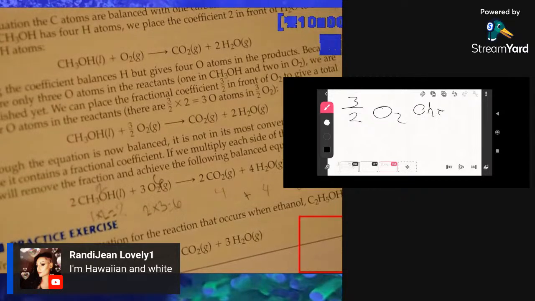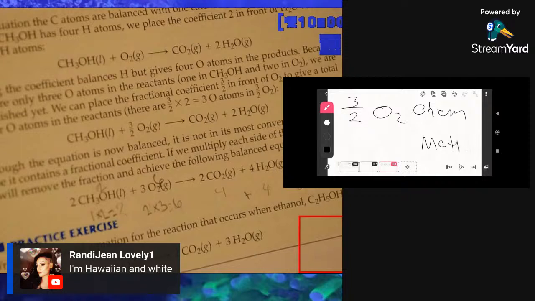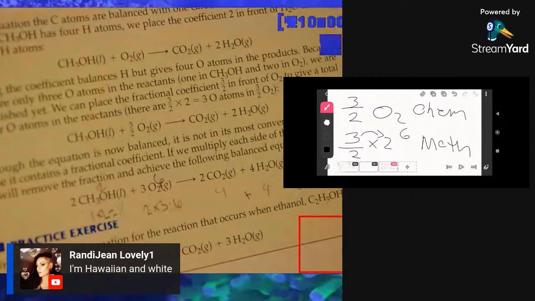This is how you read the problem: 3/2 times 2. Do you see that? And the way I do it is I multiply the 3, it's going to be 6, right? And then you want to divide by the 2. And it'll give you the 3.